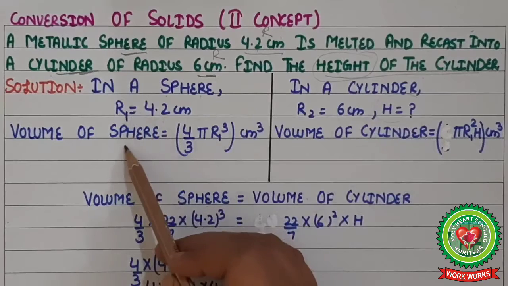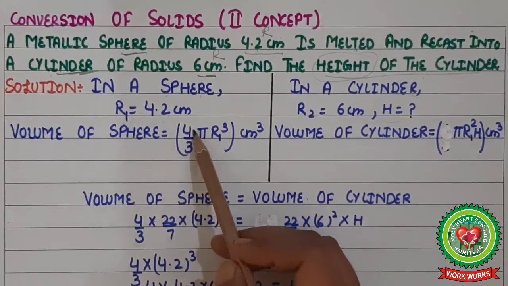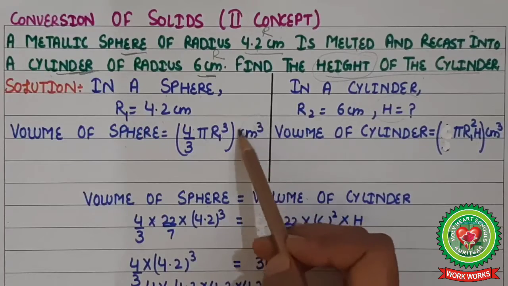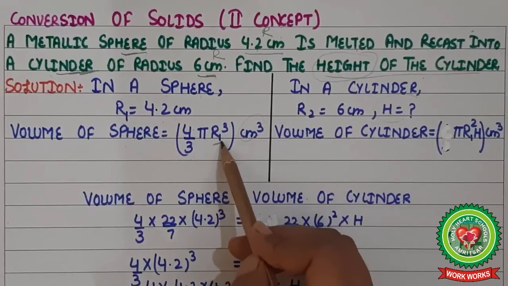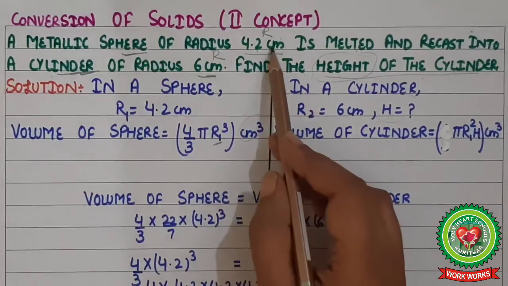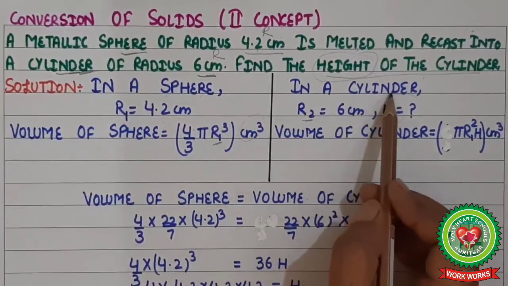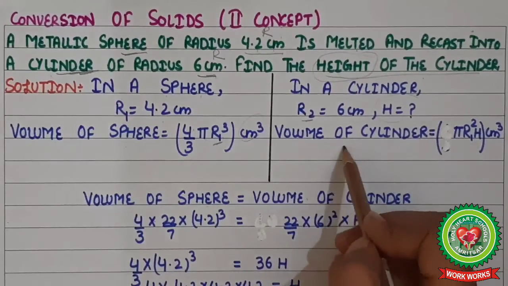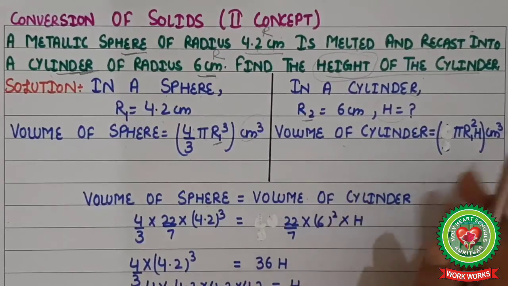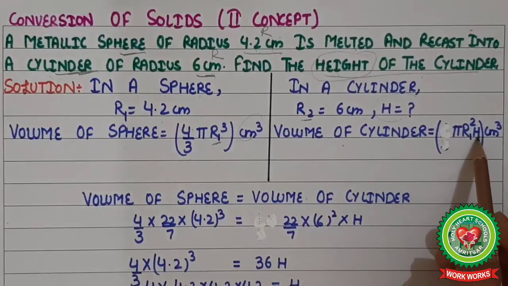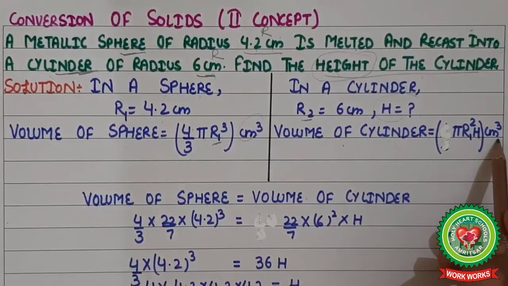Now what's the formula of volume of a sphere? It is 4 by 3 pi r cube, centimeter cube. Why have I written r1? Because r1 is the radius of the sphere. And why r2? Because r2 is the radius of the cylinder. And what's the formula of volume of a cylinder? It is pi r square h, centimeter cube.